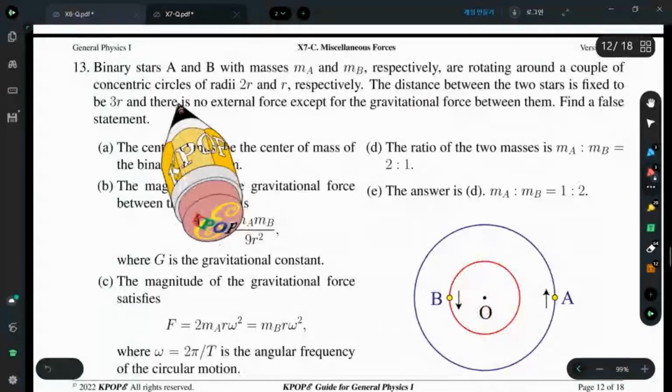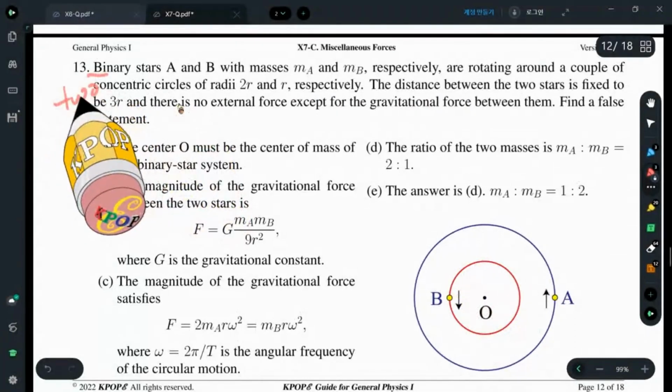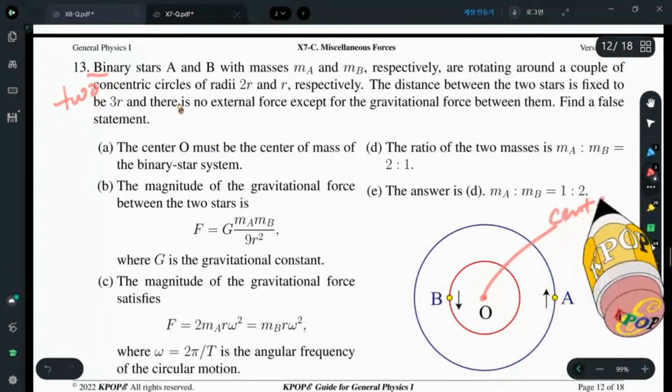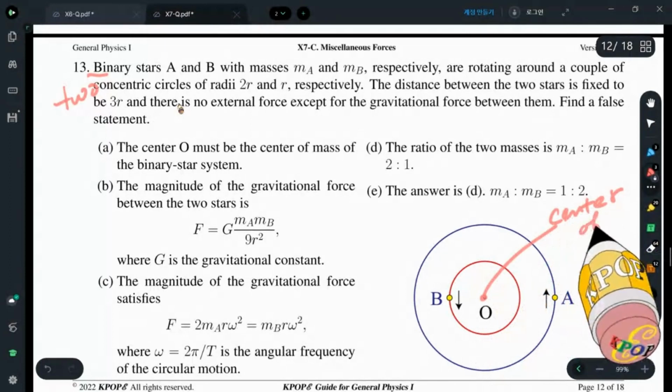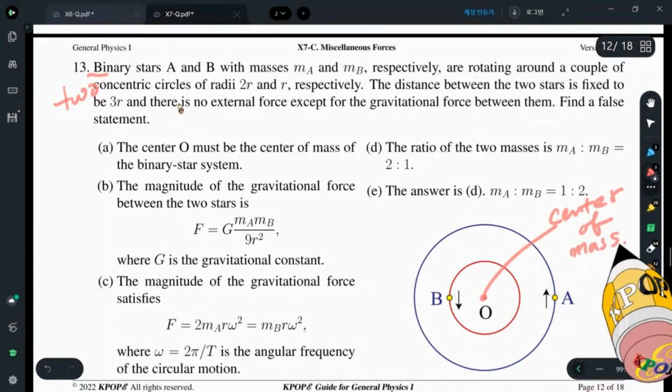We have a binary star made of two stars, and there is a center of mass. In the previous class, we learned the center of mass of a two-body system.